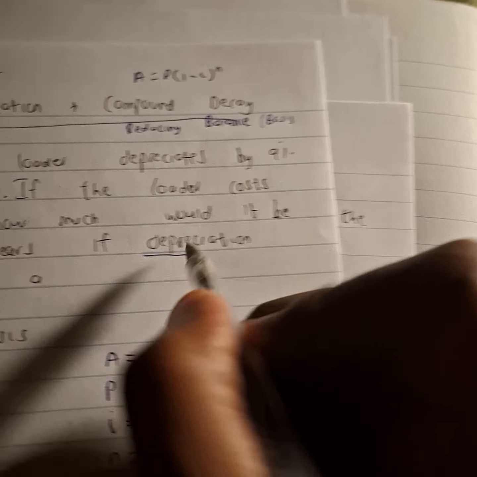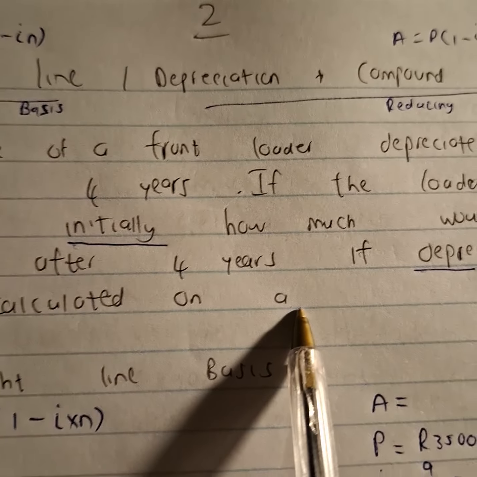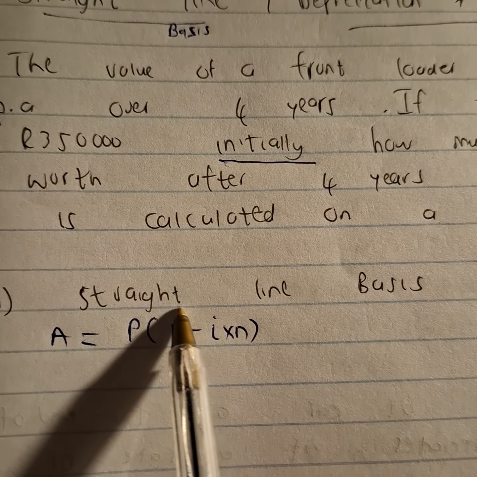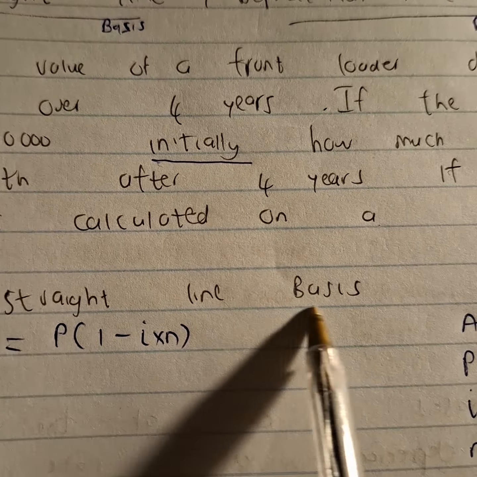How much would it be worth after 4 years if depreciation is calculated on a straight line basis? That means this amount will be going down, because of the word depreciation. Furthermore, we know it's depreciation because they say straight line basis. So two things confirm that we are dealing with depreciation, and the straight line kind, because it's 1 minus i times n.